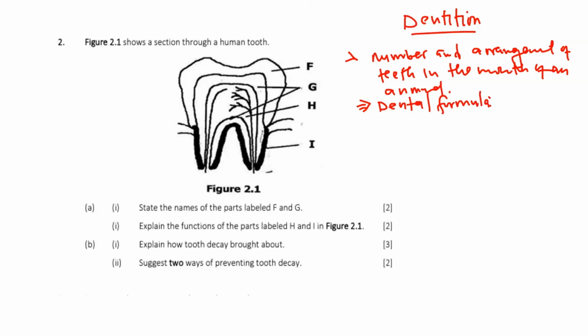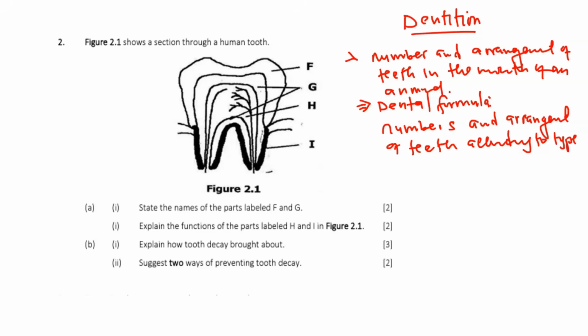For dental formula, we can look at number and arrangement of teeth according to type on the upper and lower jaw in one half of the mouth. So that is the dental formula.